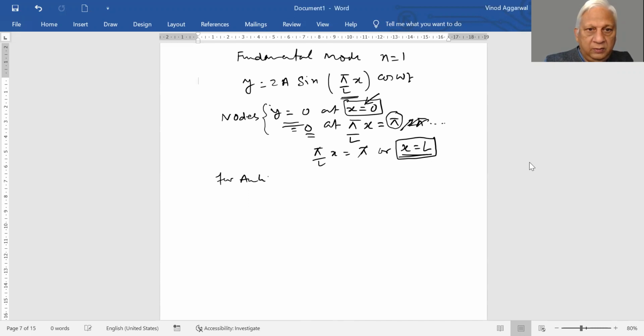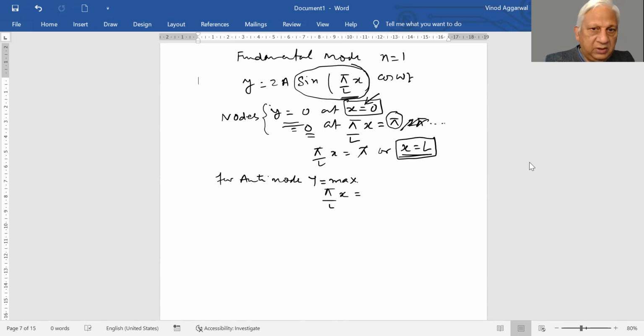For an antinode, y is supposed to be maximum. And when is this function maximum? This function is maximum when sine of this is 1.